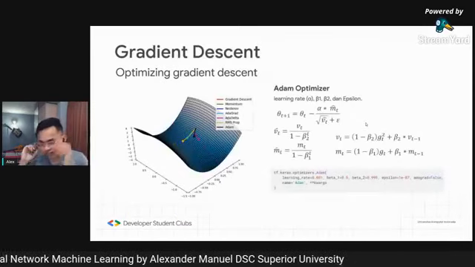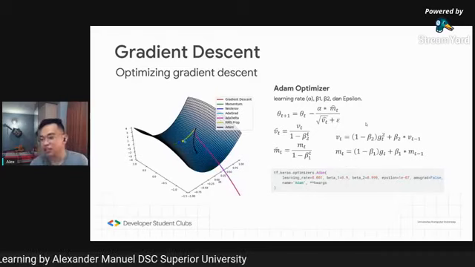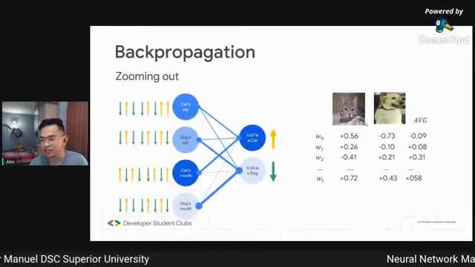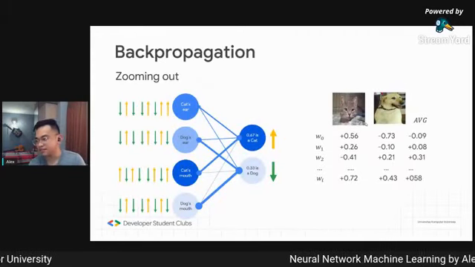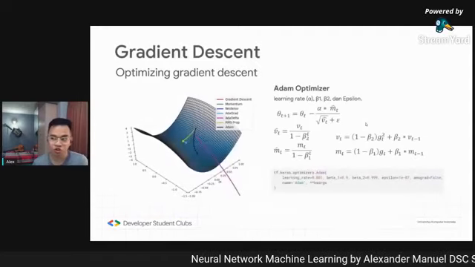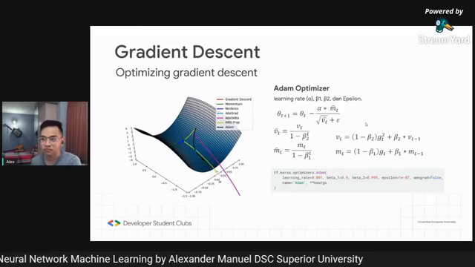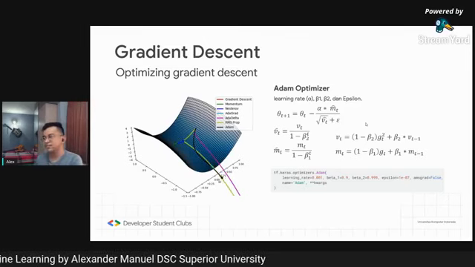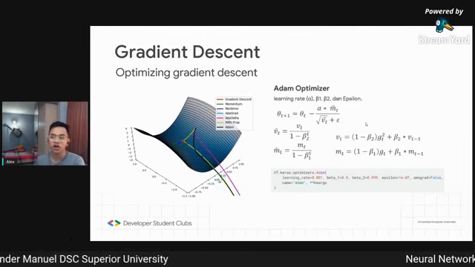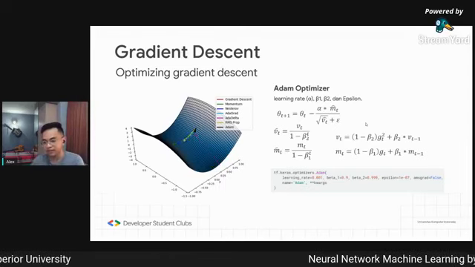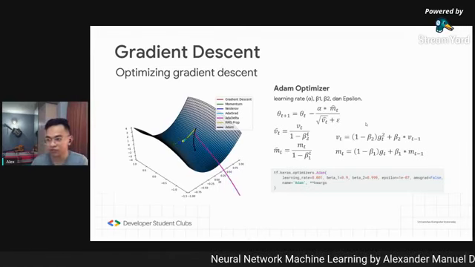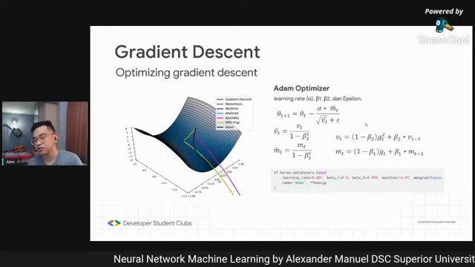Okay, so the next thing. You've learned about all of this and how it updates the weights. Allow me to introduce you to gradient descent. Gradient descent is a rule of updates, like I've shown before, the learning rate times the weight.